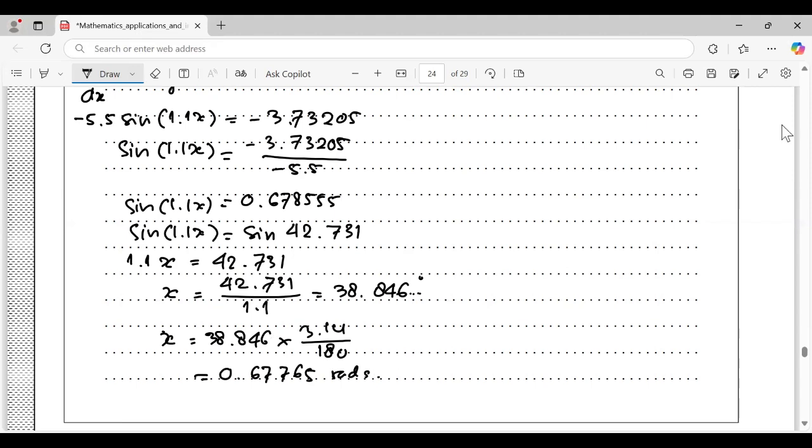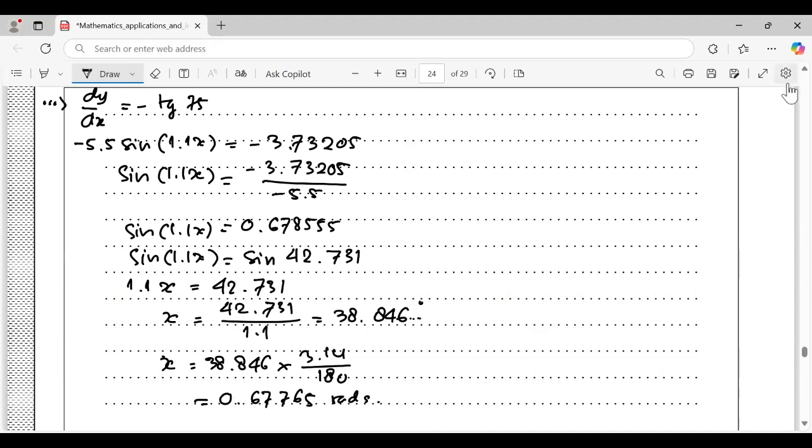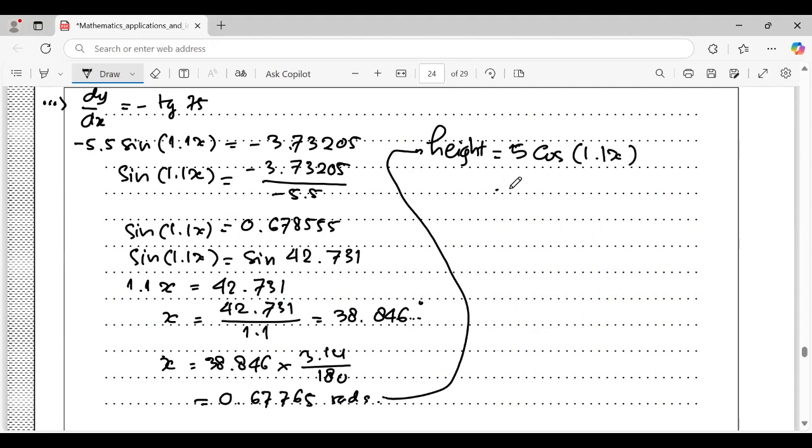Okay. Now we are going to determine the height. The height equals, according to the equation, 5 cosine 1.1x.